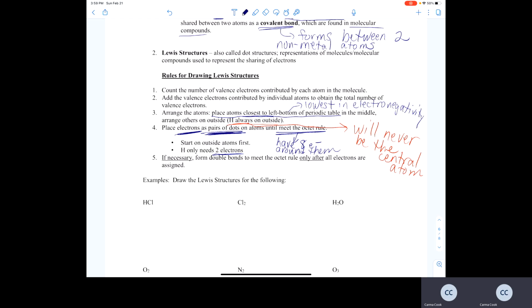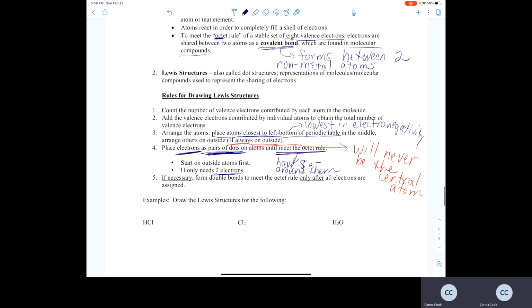Another element, boron, abbreviated with a capital B, is happy with just having a total of 6 electrons around it. And then another element, beryllium, abbreviated Be, is happy with just having 4 electrons around it. So there are some elements that violate the octet rule. Hydrogen, beryllium, and boron. They are happy with having fewer than 8 electrons around them.